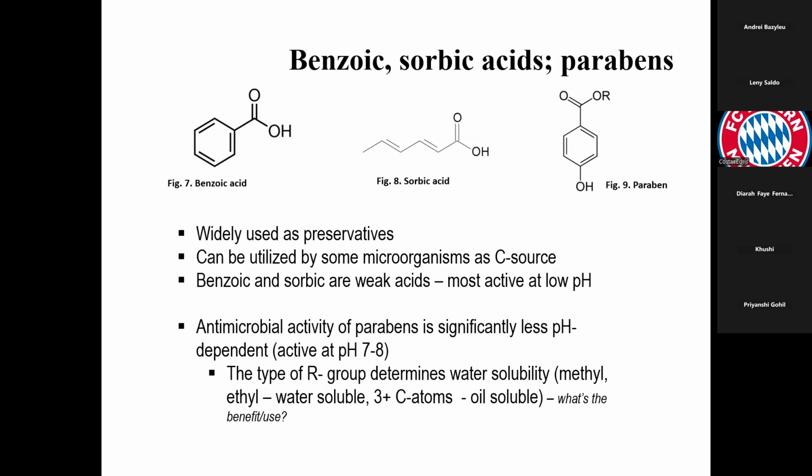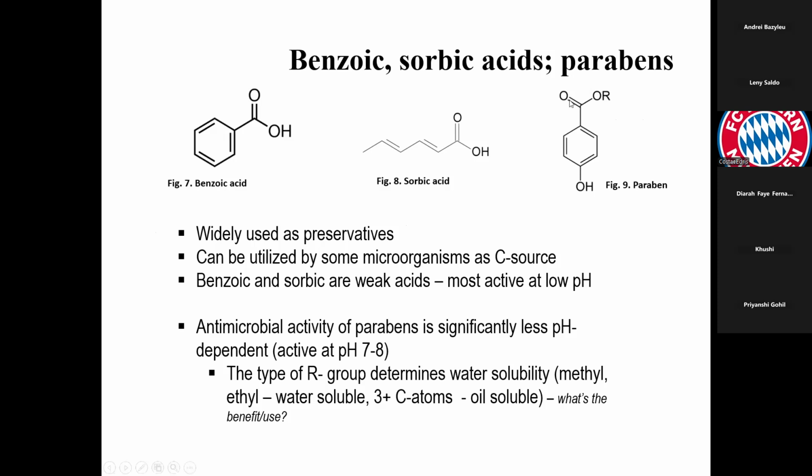Parabens are considered to be carcinogenic. Nobody knows to what extent, but they are. But why were they using parabens and what kind of benefits did they provide? A couple of them. First of all, they're not being employed for food as easily as a carbon source as the previous two classes, so that's good for us.